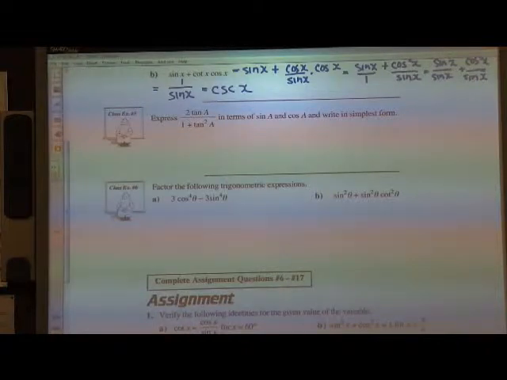So take a look at your identities. Take a look at what is on the page and tell me what your first move could be.